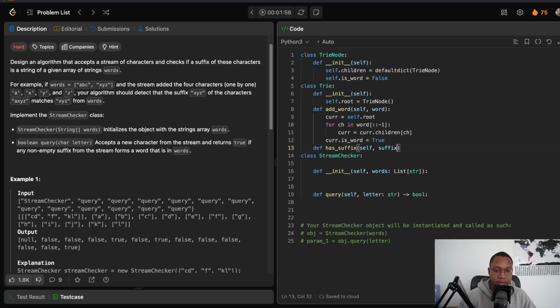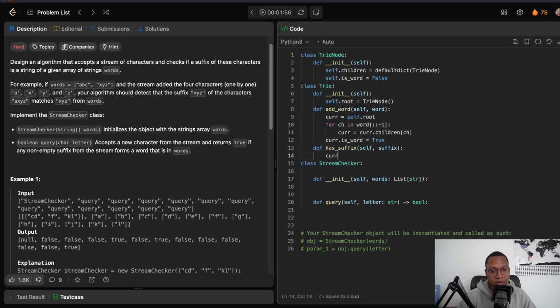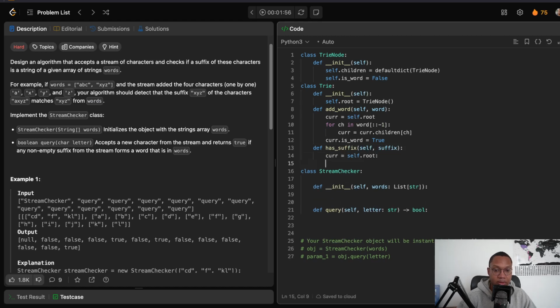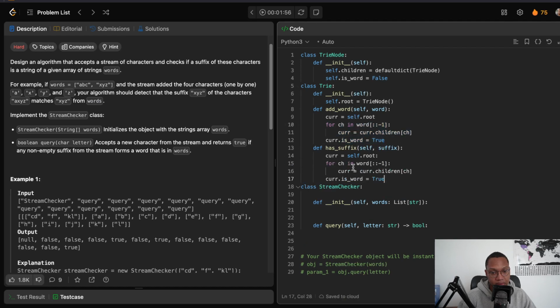We'll pass in a suffix. Current is self.root. And this time we do the same thing. We'll just check if it exists first though.